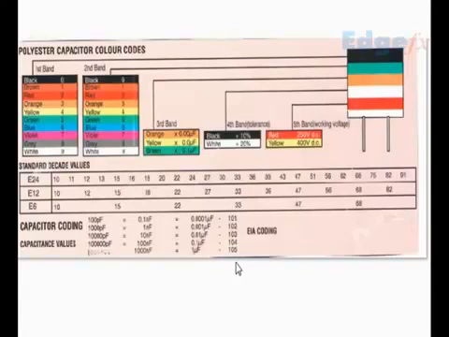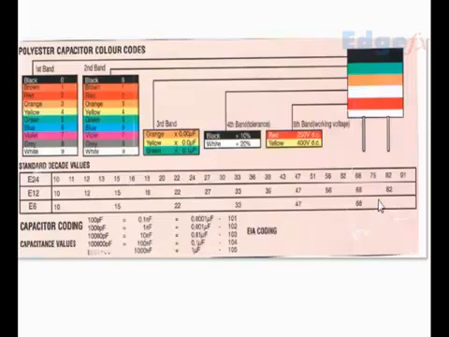The numbering types like 105 stands for 1 microfarad or 1000 nanofarad, 104 is 0.1 microfarad or 100 nanofarad, and 103 is for 0.01 microfarad or 10 nanofarad.